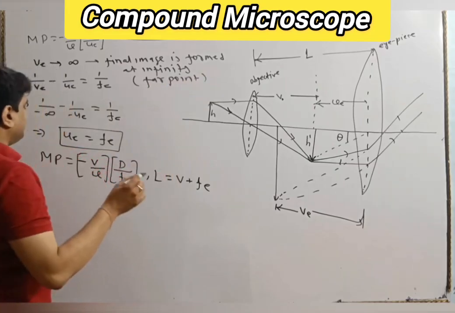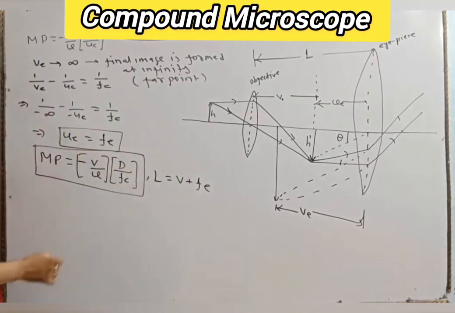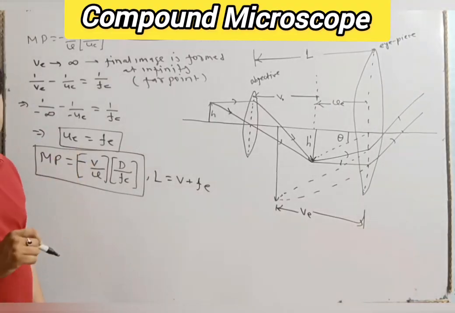That means for far point, the magnifying power will be minus V upon U D upon Fe.